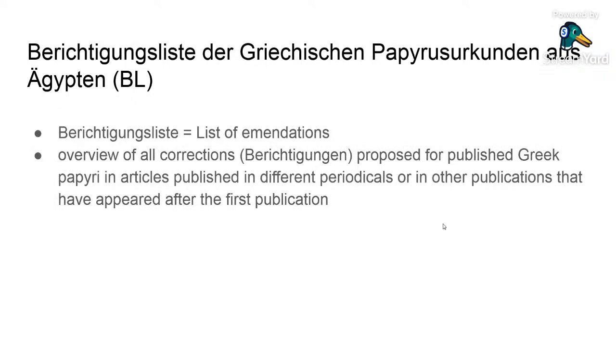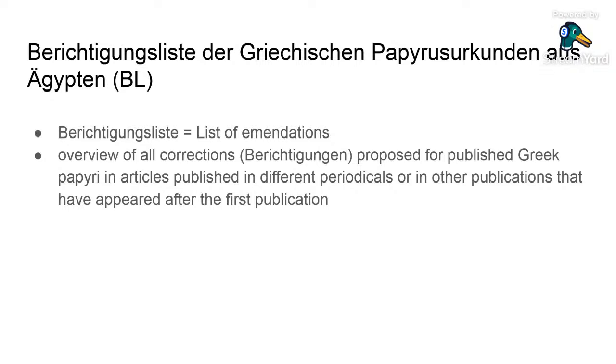So it's a list gathering corrections proposed for the published Greek papyri, although I was surprised to have this word Greek there. This is a sentence copied from the website. Maybe we do have also corrections listed there that are for Latin papyri. Am I right, James? You can confirm. Perhaps. Yes, you are correct.